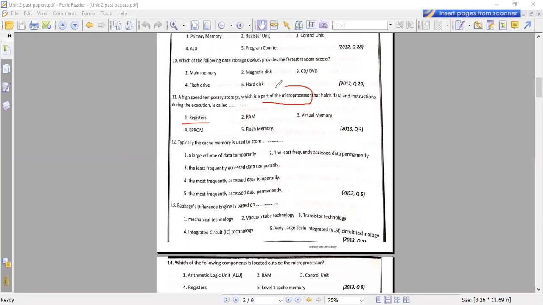Part of microprocessor means inside the CPU. So inside the CPU you have registers. Outside the CPU you have RAM. Those who have put the RAM, that's wrong, because they are telling inside the processor. Inside the processor ඇතුළේ තියෙන registers නැත්නම් cache level 1 cache memory. So cache memory කියන එක මේක නෑනේ. නිසා registers we have to take.